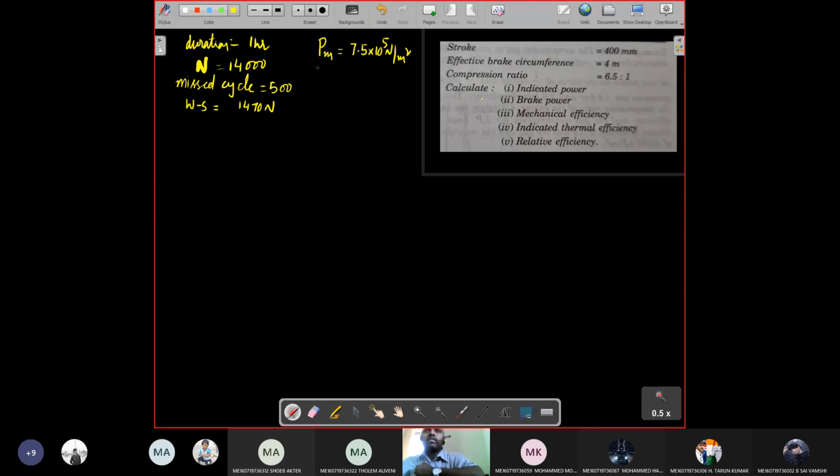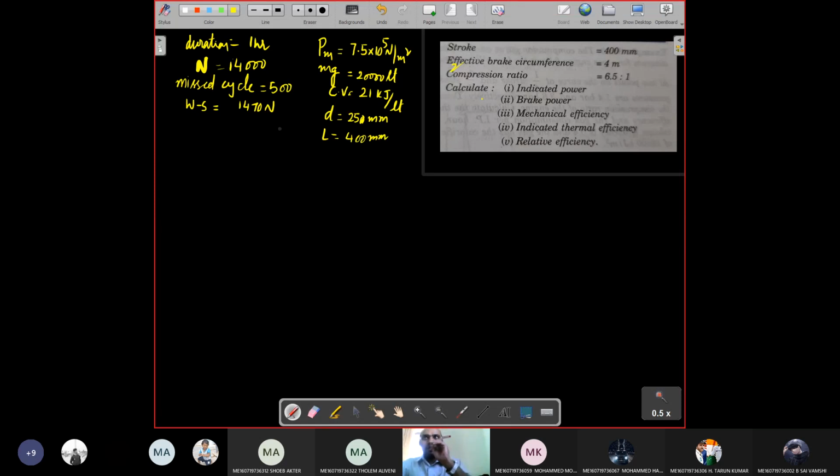Gas consumption is 20,000 liters, and the calorific value of the gas is 21 kilojoules per liter. Cylinder bore diameter D is 250 mm, and stroke L is 400 mm.